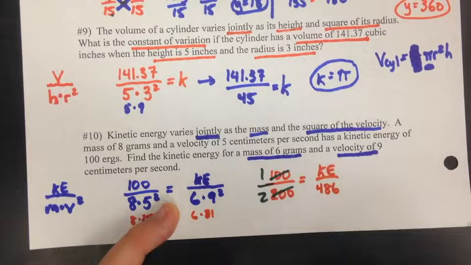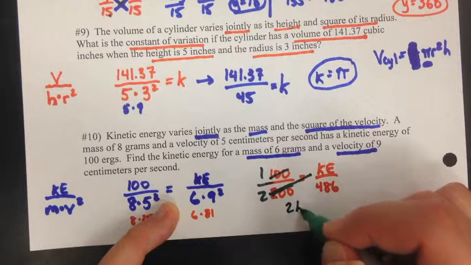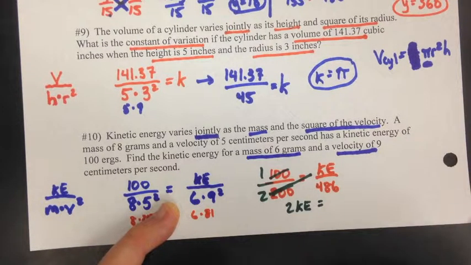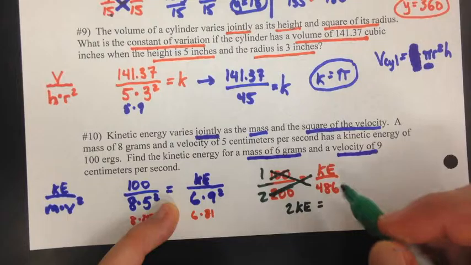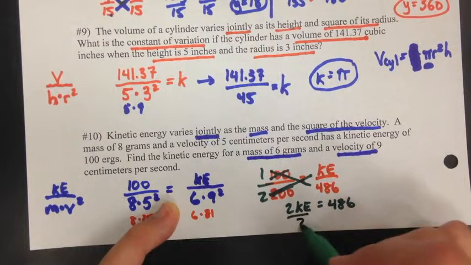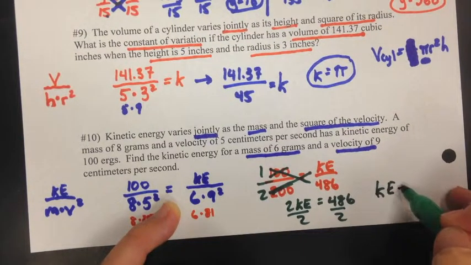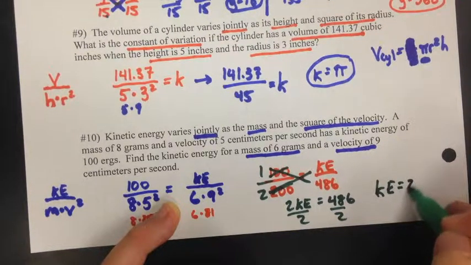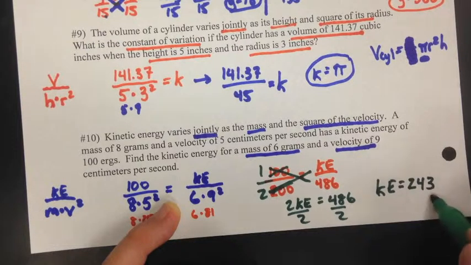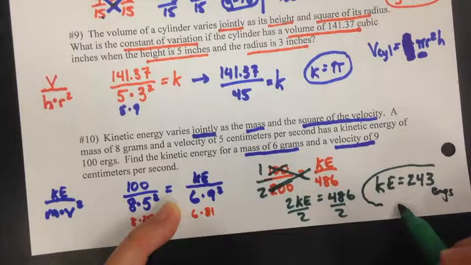So when I cross multiply, I get 2 times the kinetic energy equals 1 times 486. Divide by 2, and the kinetic energy equals 243. And that would be ergs, 243 ergs.